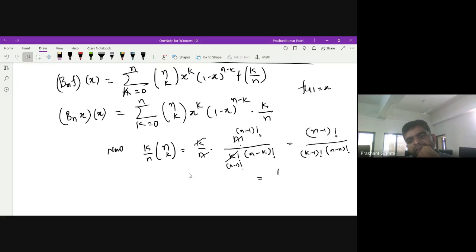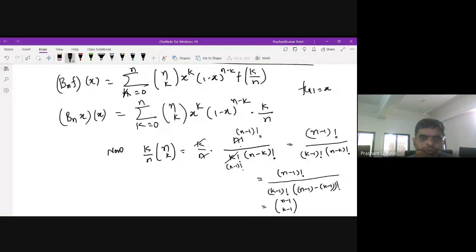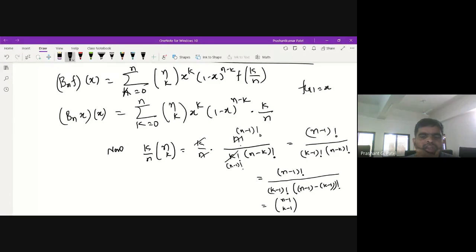This I can rewrite as n minus 1 factorial upon k minus 1 factorial into (n minus 1) minus (k minus 1) factorial. So what exactly I did is subtract 1 and minus 1 in this bracket. And we can observe that nCk is n factorial upon k factorial into n minus k factorial. This is n minus 1 C k minus 1. So k by n into nCk is this.